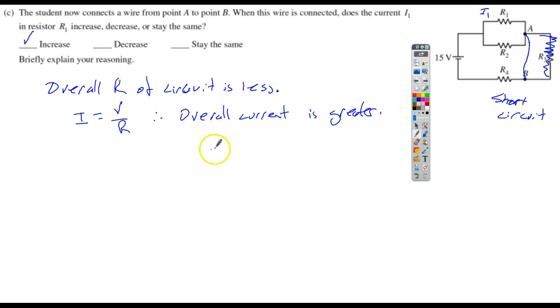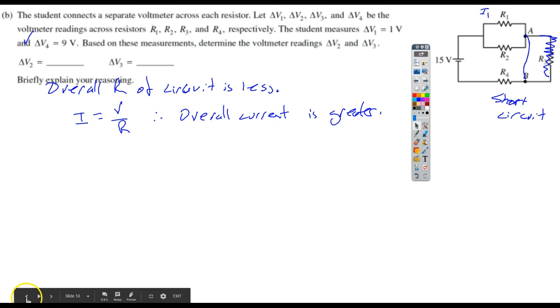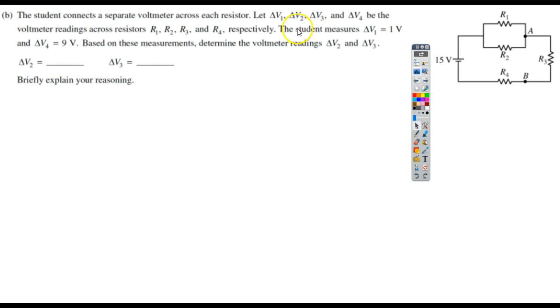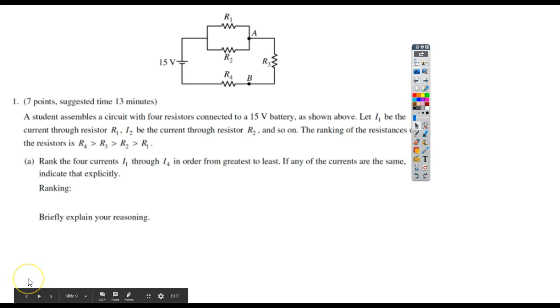But that is the best reasoning that you would have for it, and you would get 1 point for this one by doing this. And then if we go back, you would get 2 points for the previous part. This one you would end up with 2 points if you did everything we talked about for it. And then for the very first part, you would end up with 4 points.